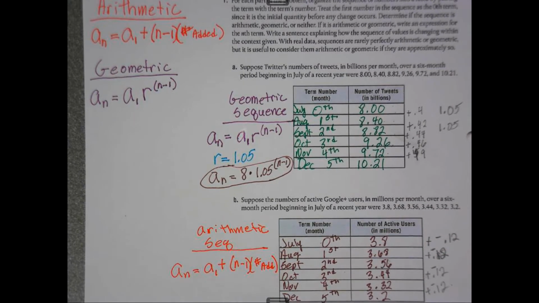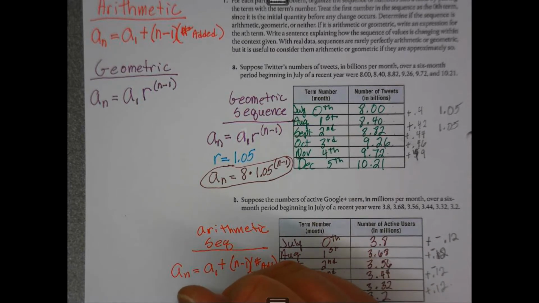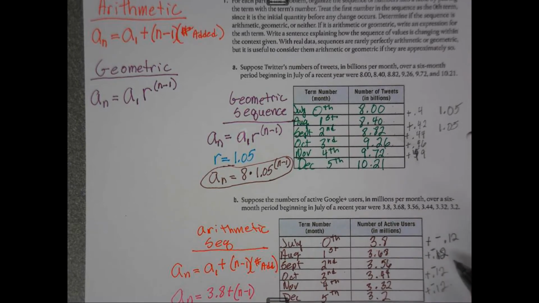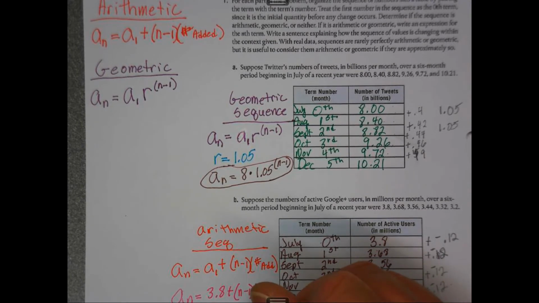So for my nth term here, the first term was 3.8 plus n minus 1 times the number we added, which was negative 0.12.